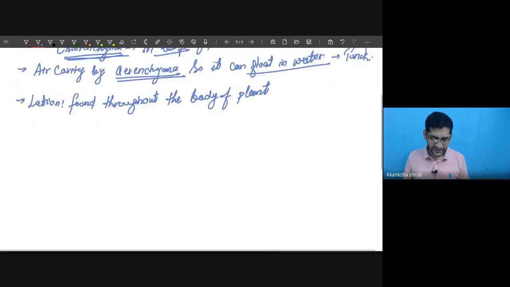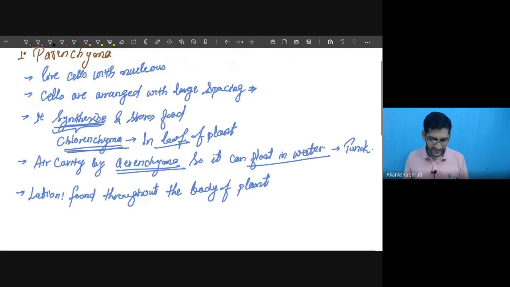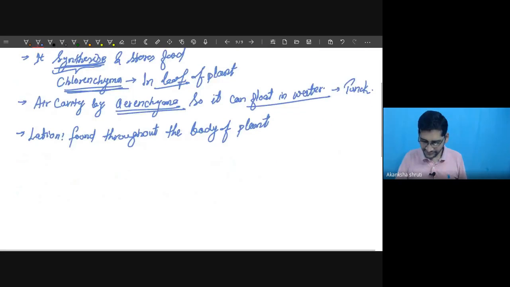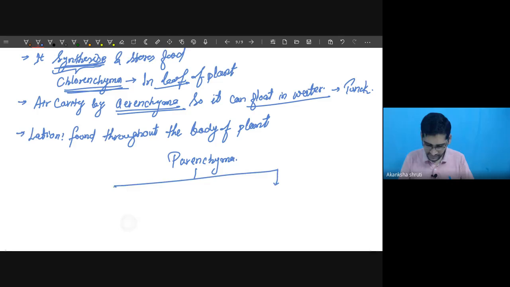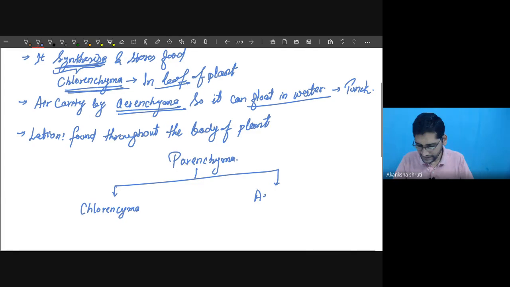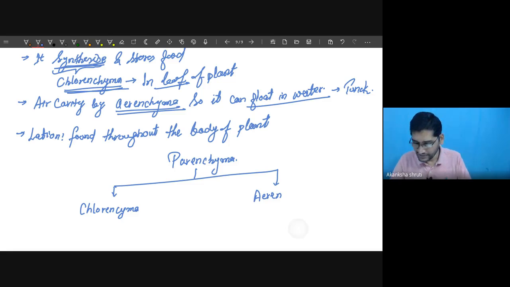Students, the classification of parenchyma we can write here. Parenchyma may be of two kinds. One is called chlorenchyma tissue. Another one is called aerenchyma tissue.